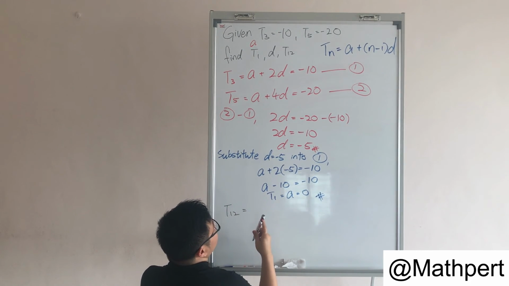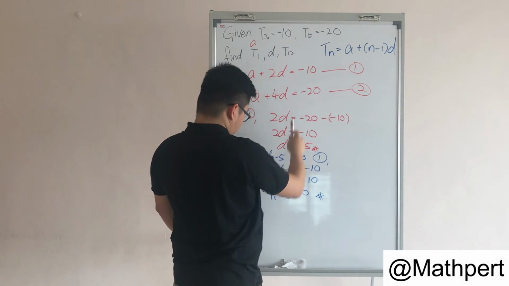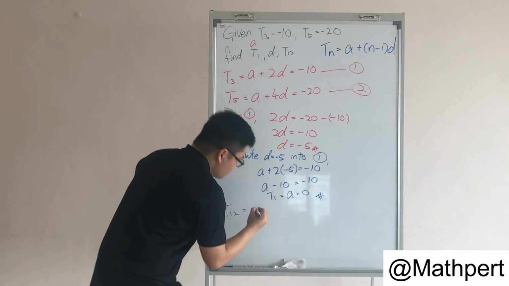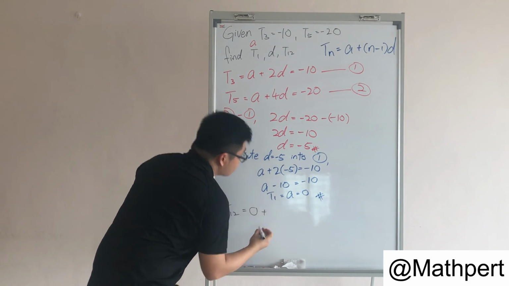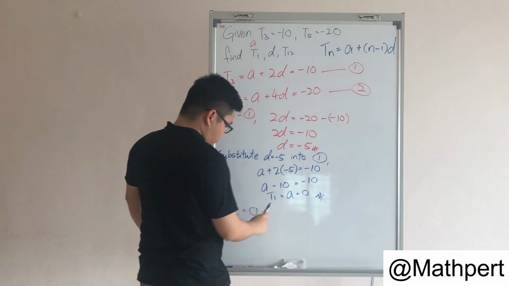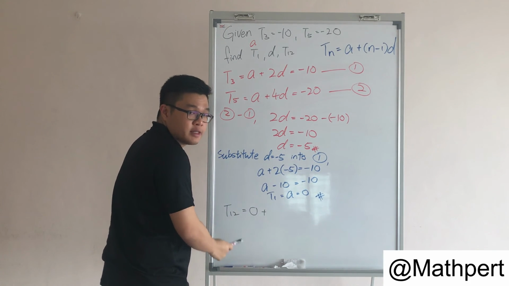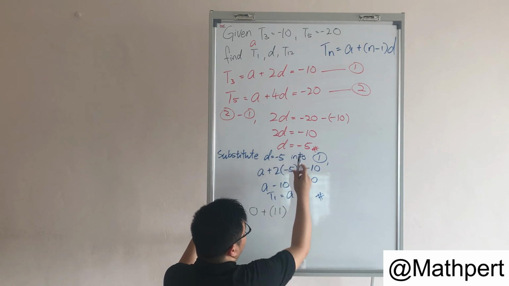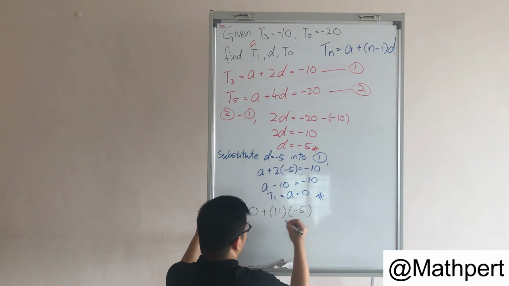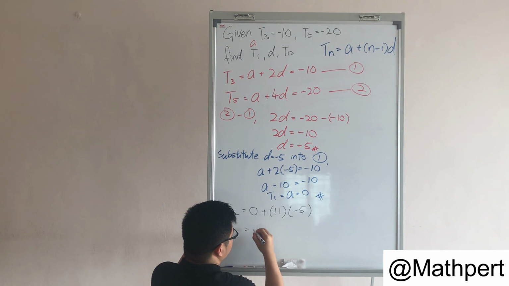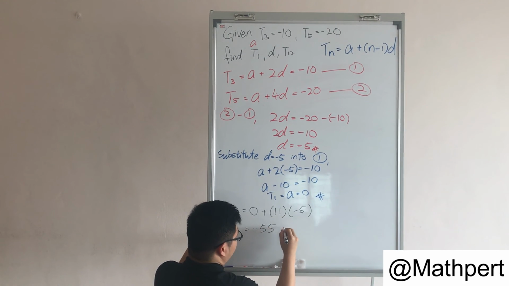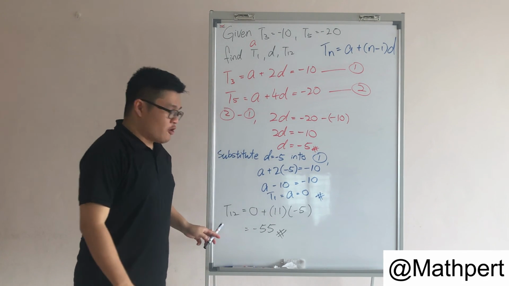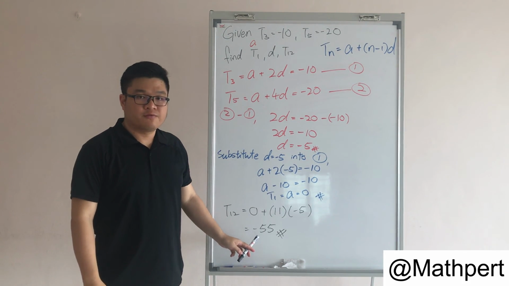T12 is equal to, look at this formula, a is the first term, 0, plus (n minus 1). n is 12, 12 minus 1 is 11. d is negative 5. So in this, you have negative 55. So the 12th term is negative 55.